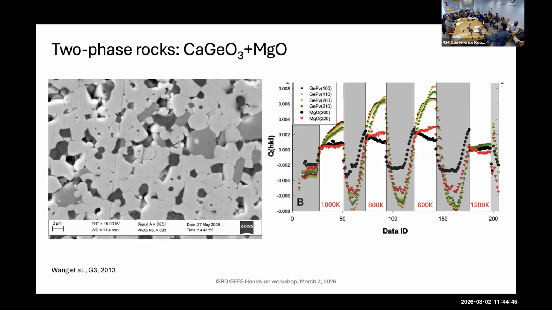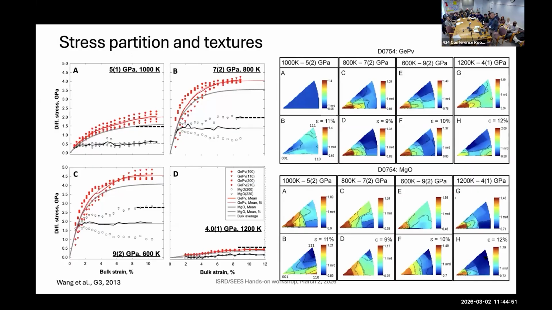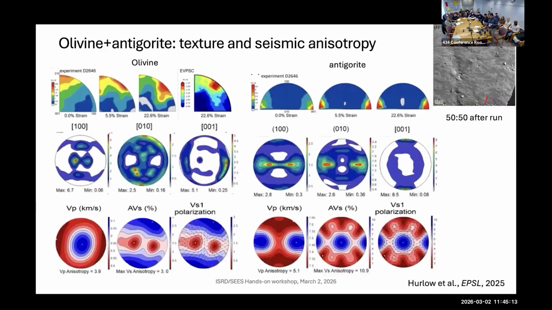Then you can convert these Q factors to stress at different conditions. So you basically get the bridgmanite deformation stress-strain curves versus the MgO stress-strain curves. At the same time, you get texture information, so you can tell what texture the perovskite structure is developing and what texture the MgO structure is developing.